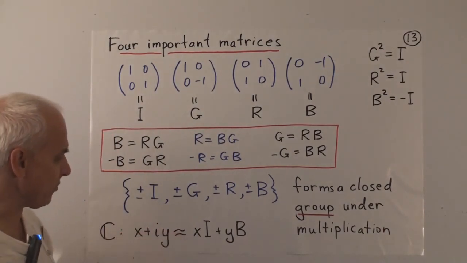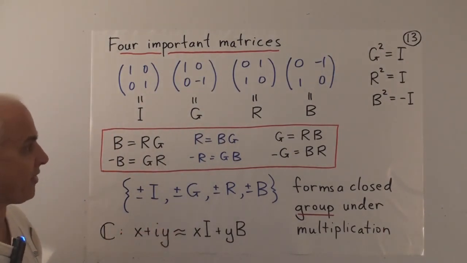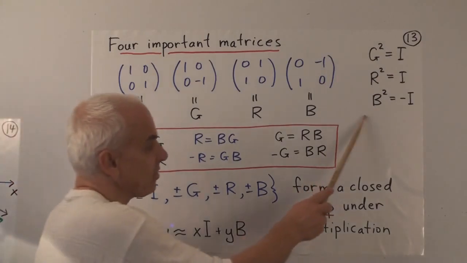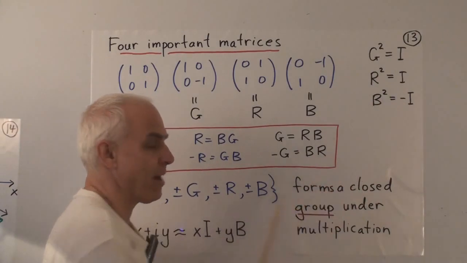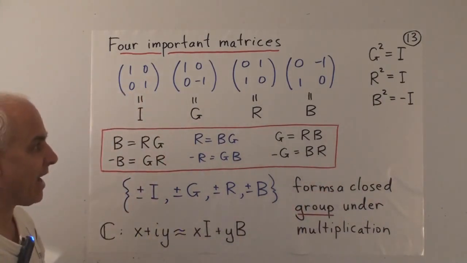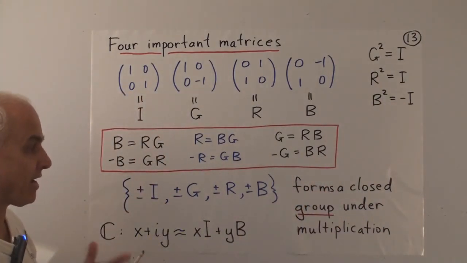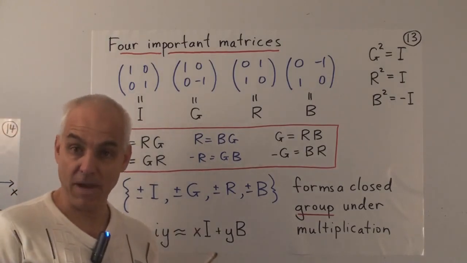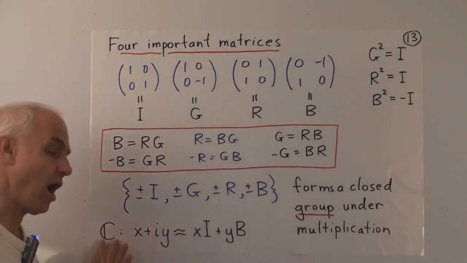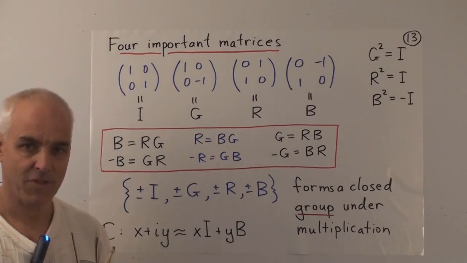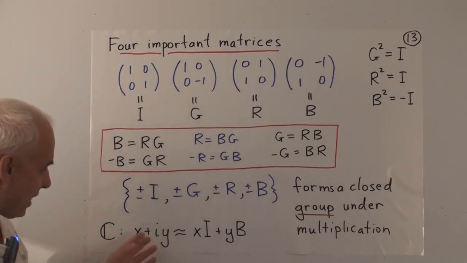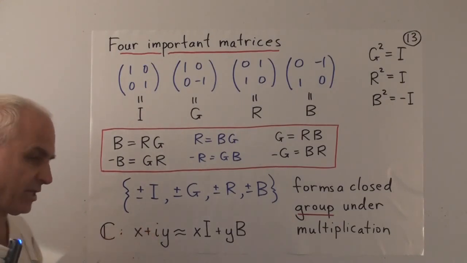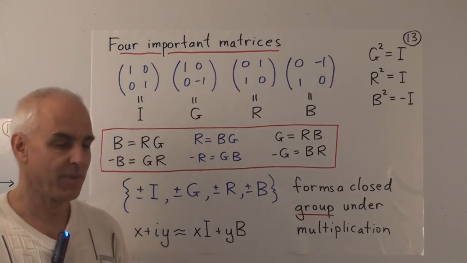Another remark that I'll make now, and I'll elaborate on this later, is that this particular property of the matrix B here, that its square is equal to minus the identity, allows us to make an important link between matrix multiplication and complex numbers. So complex numbers are things of the form x plus iy, where i is some kind of mysterious entity whose square is minus 1.